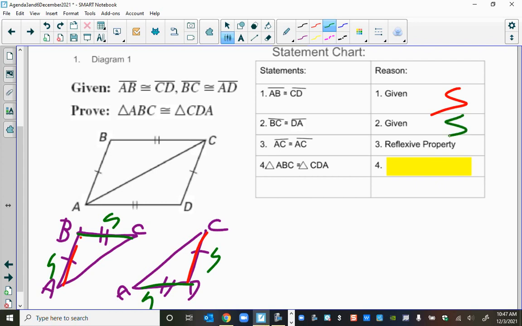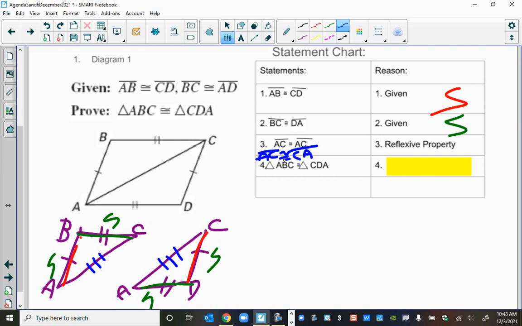Now, they said AC for this triangle was congruent to AC. Some of you might say that could be CA as well. That's fine, if you flipped it. But in the end, we can say that's the shared side, so it's going to be congruent for both triangles, yes?